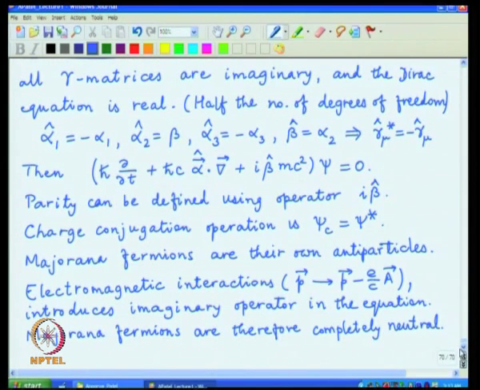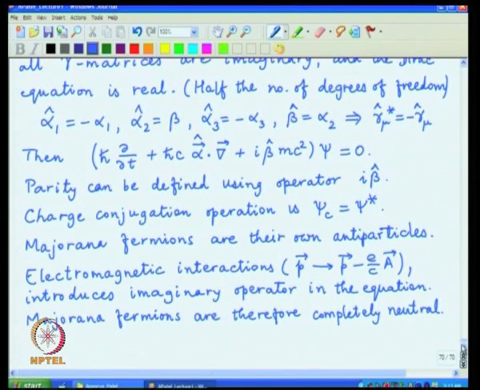And that again leads to a possibility that maybe the neutrinos are Majorana particles.